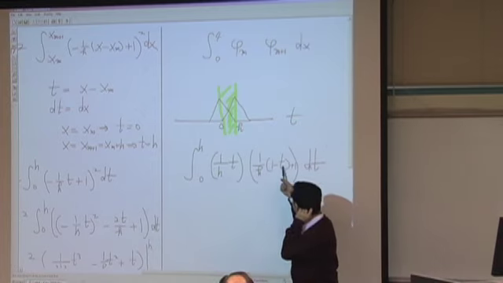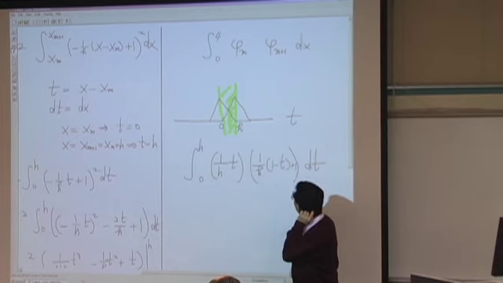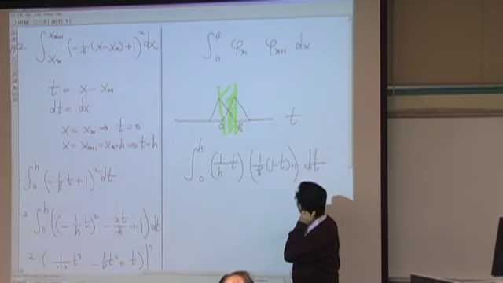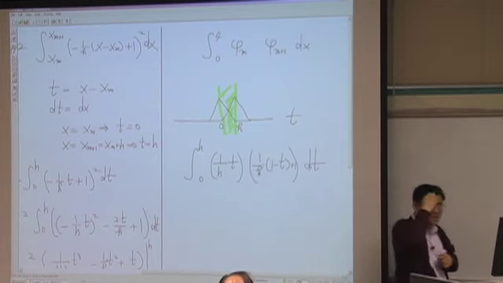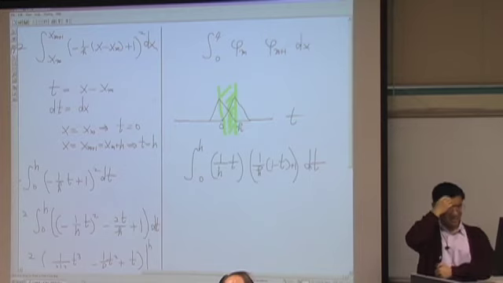So when t is equal to 0, still wrong. What is wrong with this? Sorry for the mistake. What is wrong here?